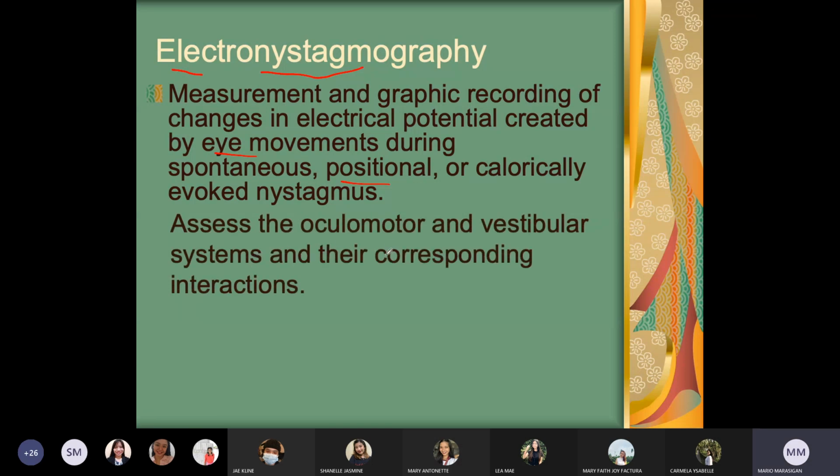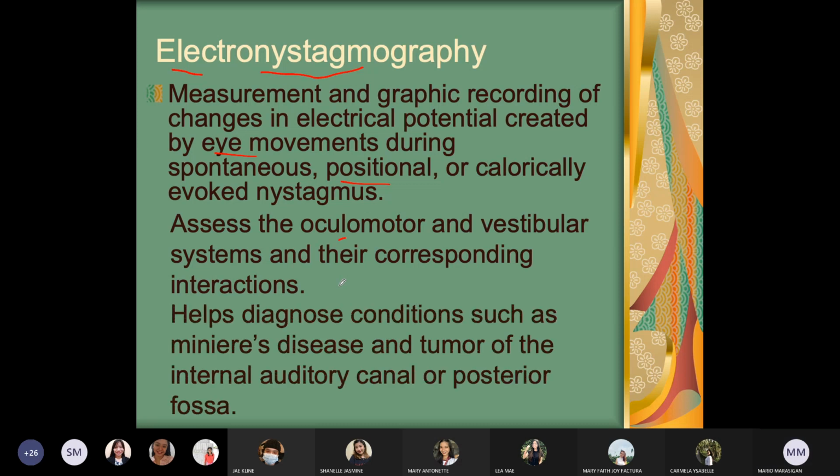So it assesses the oculomotor, the movement of the eye, the vestibular system, and their corresponding interactions. So it is very significant in diagnosing conditions like Meniere's or the inner ear problem, even the tumor of the internal auditory canal located in the posterior fossa.